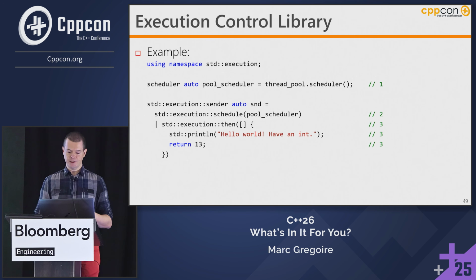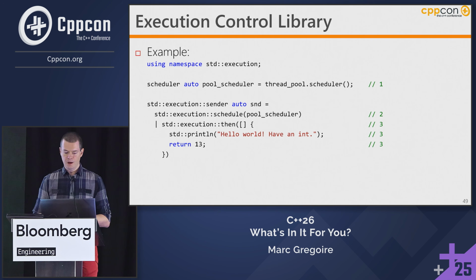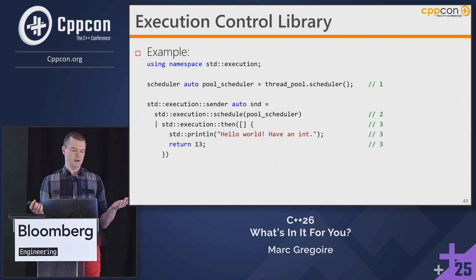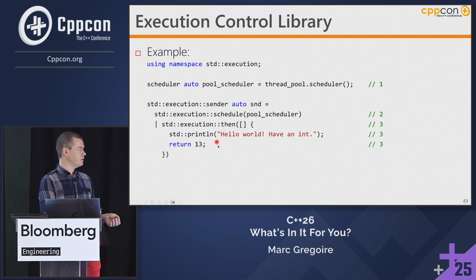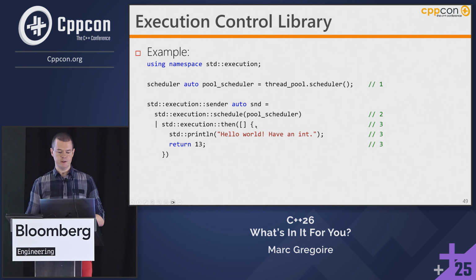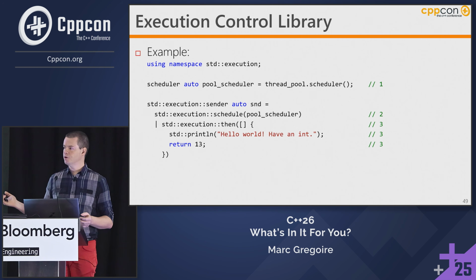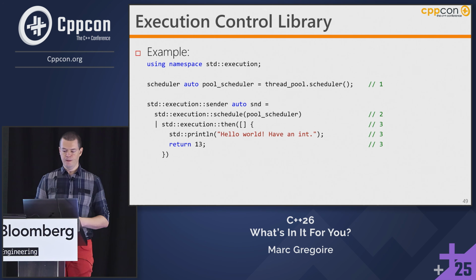So this thing accepts a callable, and our initial sender doesn't return anything. So the lambda that you pass to our sender adapter doesn't accept any parameters. In this case, the lambda just prints something to the console, and it returns an integer.